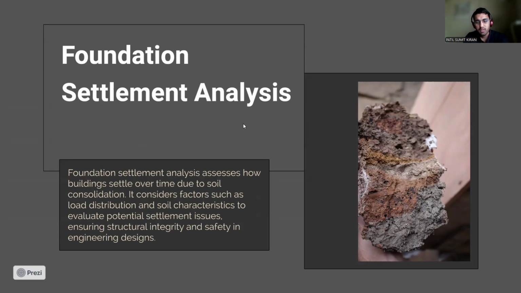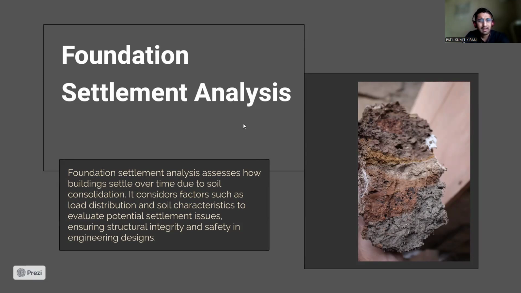If it is beyond a certain limit and settlement occurs, it causes a lot of problems: fine or large cracks in the building, tilting of the building, or the building getting weaker, and stresses that are not required get generated in the structure if we do not consider the consolidation phenomena. So it is one of the important characteristic behaviors of soil.